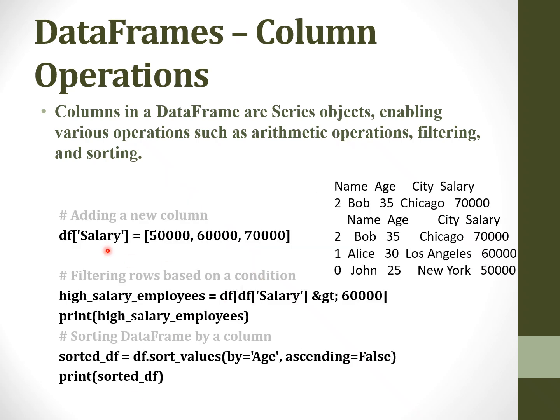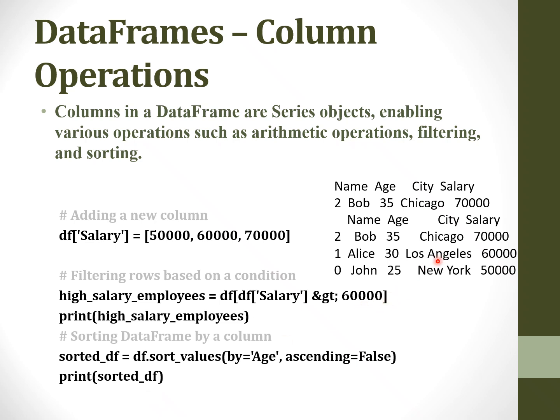As I have told you, by giving this command, a new column is added with the name salary, and it will hold the values 50,000, 60,000, and 70,000. Now a new column will be added to the previous data frame which we have seen.